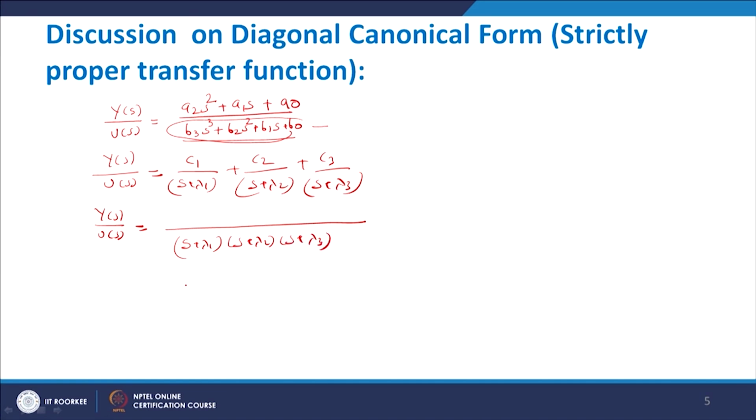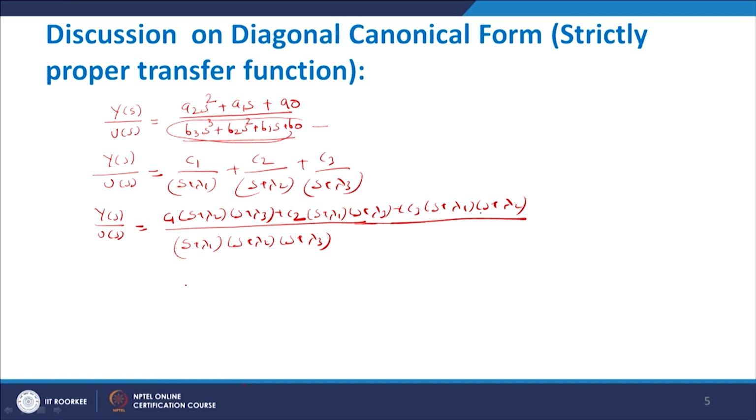Now, if you solve it, we will get C1 (s plus lambda 2)(s plus lambda 3), plus C2 (s plus lambda 1)(s plus lambda 3), and C3 (s plus lambda 1)(s plus lambda 2). So, here we have written the equation in terms of Y(s) by U(s), with C1, C2, C3 written like this.